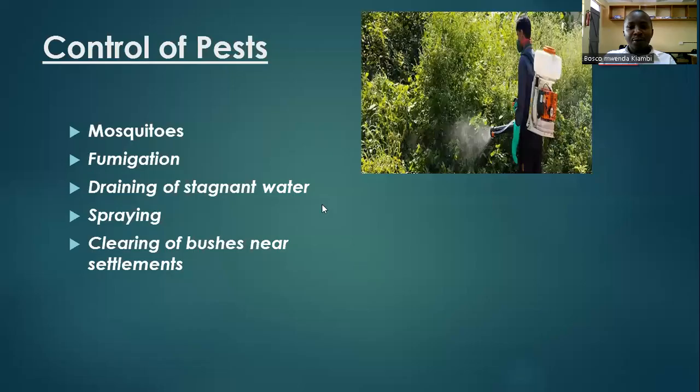You can drain stagnant waters. You can spray. You can clear the bushes near the settlements because they thrive on such damp environments. And when you do so, you are able to control those pests.